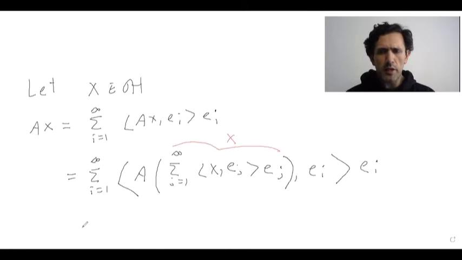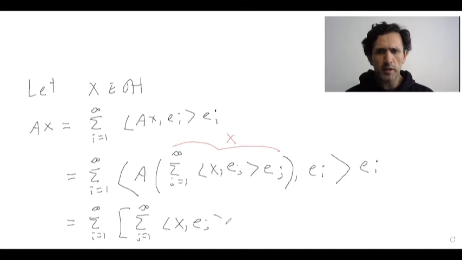So use continuity. We get AX is going to be the following: the sum over j equals 1 to infinity of <X, e_j> <A e_j, e_i> e_i.